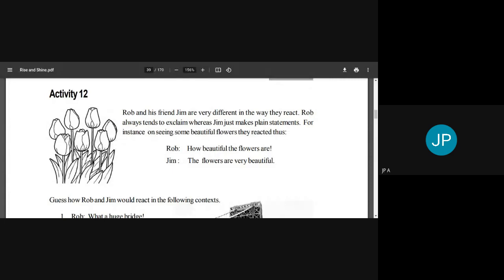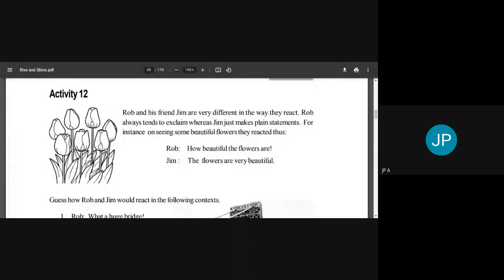I'll type it into the chat box: interrogative sentences, which ask questions. So that is the second type of sentence that we discussed.